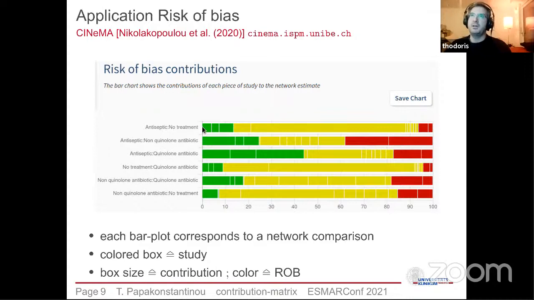Each block refers to a study, and the size of the block is its contribution, and the color, its risk of bias. And as you can see, although for each comparison the exact same studies are included, the distribution of risk of bias differs substantially.